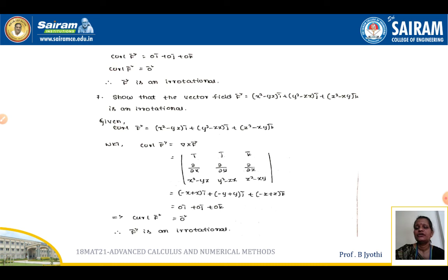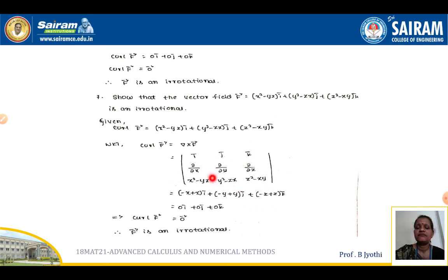Next problem, show that the vector is irrotational. In order to prove that it is irrotational, what we need to do is show that the determinant is equal to 0. So consider the i, j, k components as the third row. First row is i, j, k, second row is dou x, dou y, dou z, and the third row is the components of i, j, k.